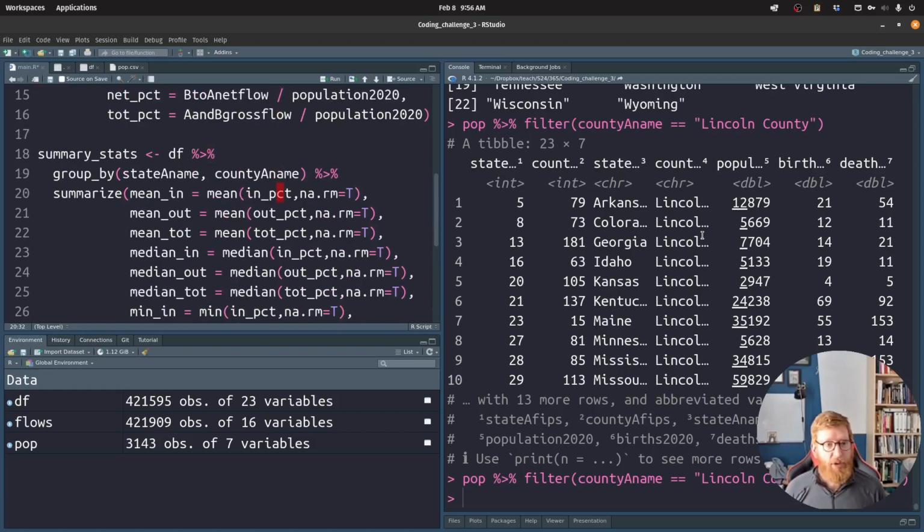So we're going to group by county, by unique county. We'll deal with the population in that code I just wrote. And then for each of these things, we're calculating the mean in percentage, and I am removing any missing values when I'm calculating that mean. Because if I try to average 1 and a blank space, it gives me back a blank space.